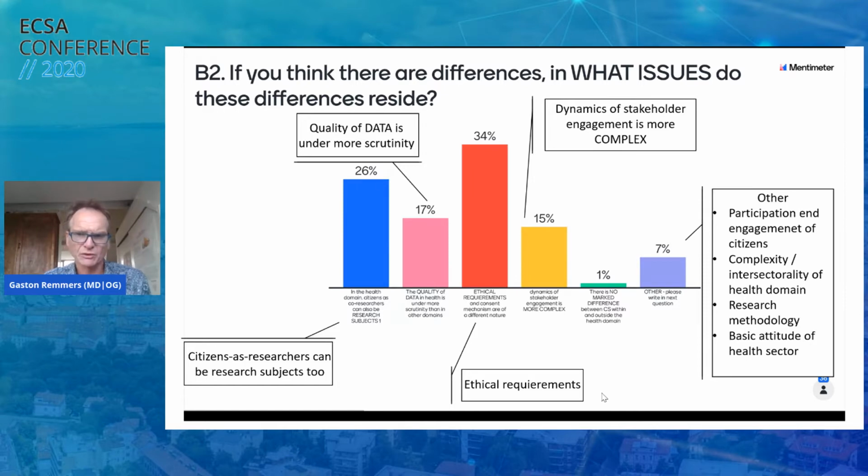The ethical requirements are a very important issue. The quality of the data is under more scrutiny. The dynamics of stakeholder engagement is more complex, and then there's a host of other issues that make it an area of work with its own specificities.